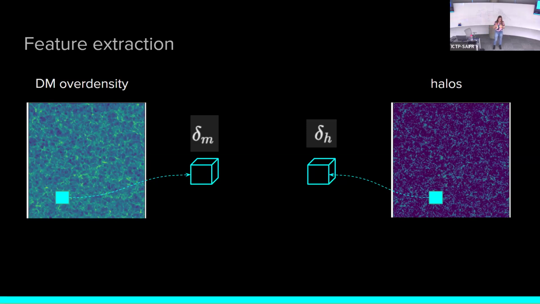The concept of deep learning, at least the way that I like to think of it, is that you let the machine do the feature extraction. You just give the input the raw data, which is the dark matter density field, and let the network learn whatever is relevant to perform our task, which in this case, with the loss function, is this mapping between the boxes, okay?